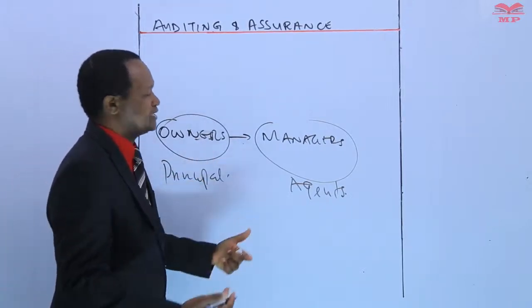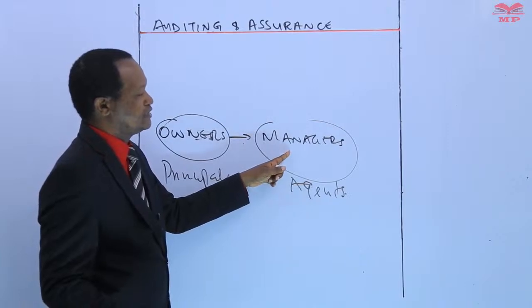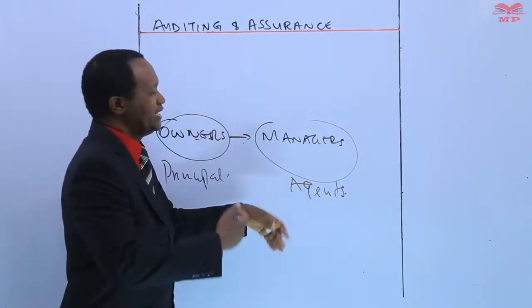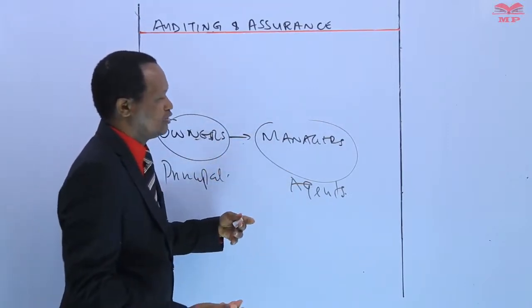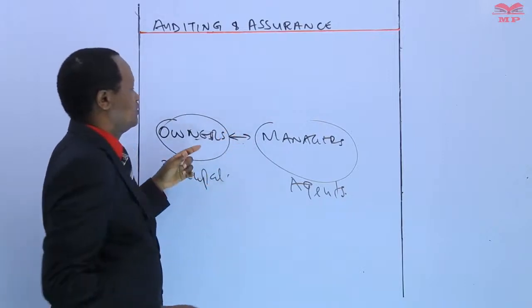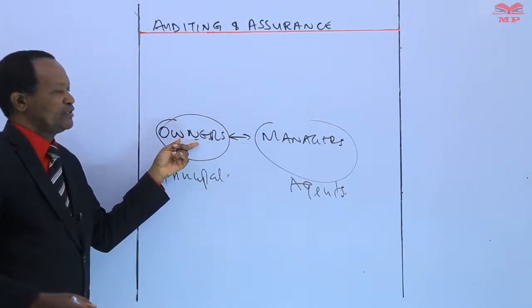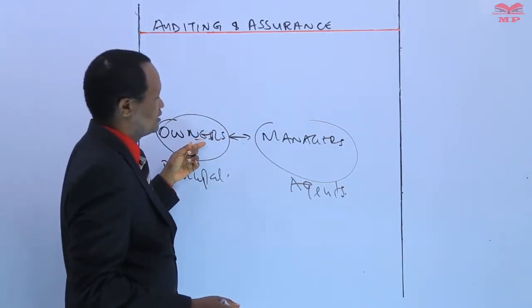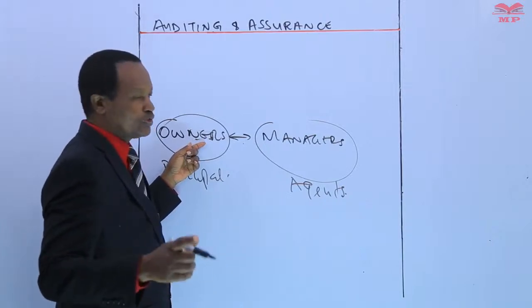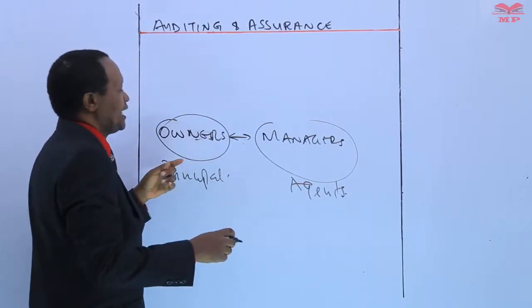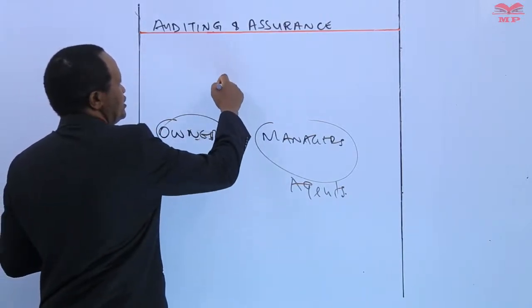And that problem arises where managers prioritize their own interests over the interests of the owners. That's why these owners consult or engage or hire auditors.